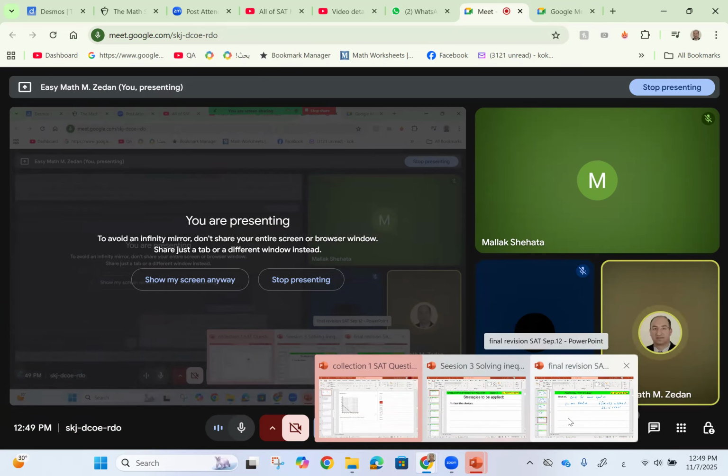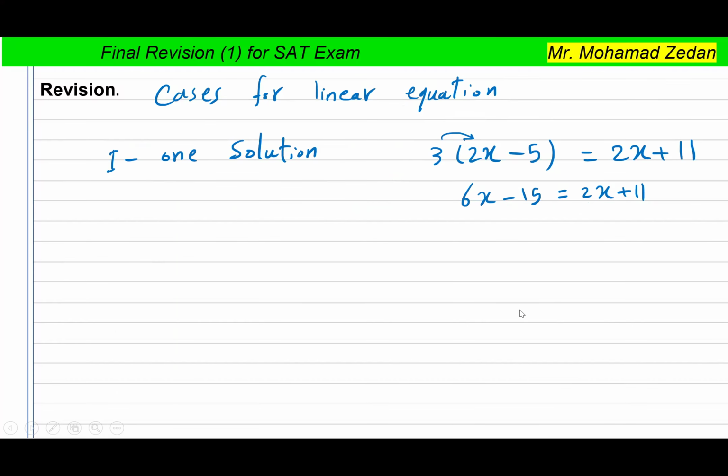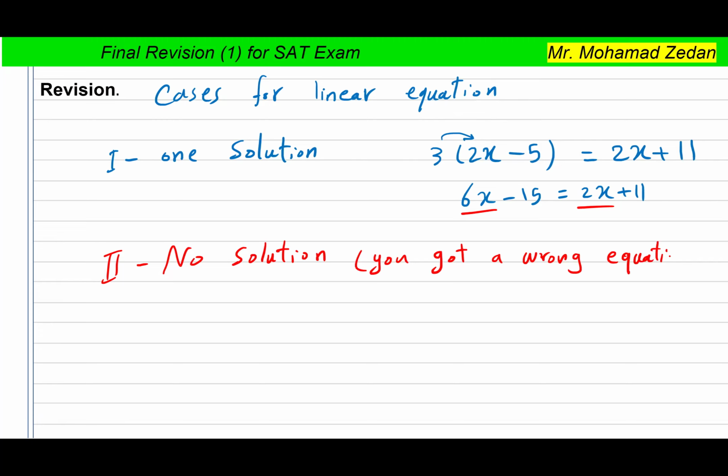So I'm talking about the cases for a linear equation to get a solution. First case, one solution: you will find the x coefficients are different on both sides. Second case, the equation has no solution, when you get a wrong equation, like 1 is equal to 3, or 4 is equal to negative 2.